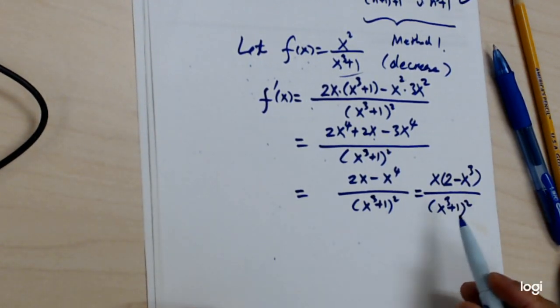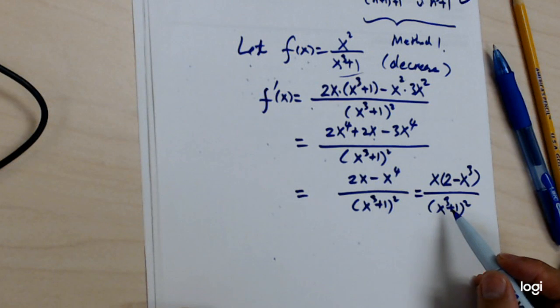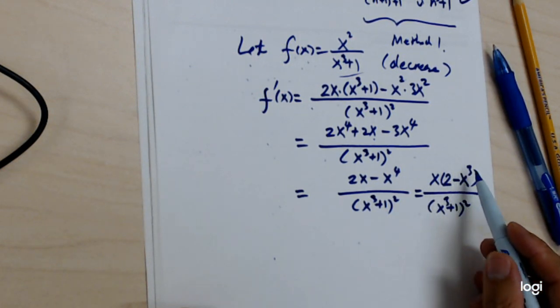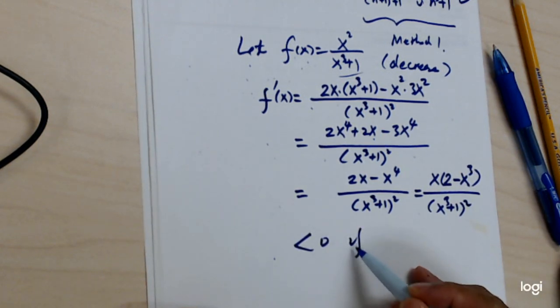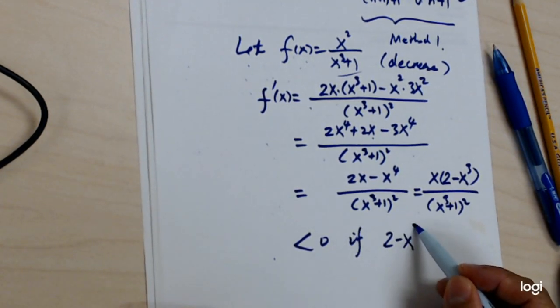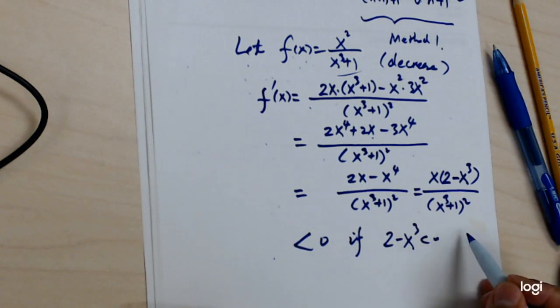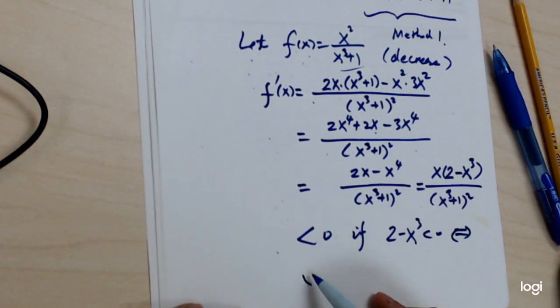So when do you think this will be negative? Well, its denominator obviously will be positive, and so is this guy. It'll be negative when this part is negative, which is equivalent to saying x is bigger than the cube root of 2.